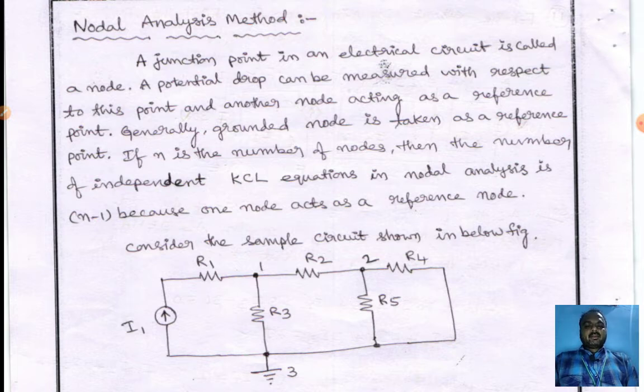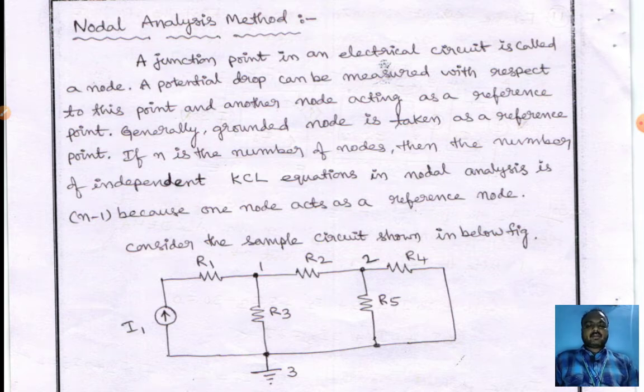In node analysis, suppose we have n number of nodes, we will get n minus 1 number of KCL equations. So that is one important thing in nodal analysis. If we have 3 nodes in a circuit, here we can see in the circuit 3 nodes are there: first, second, third.